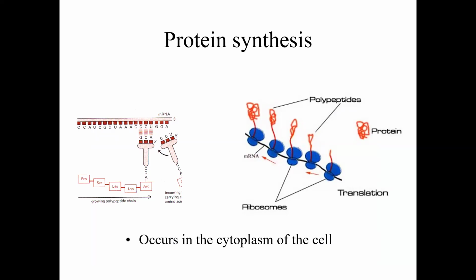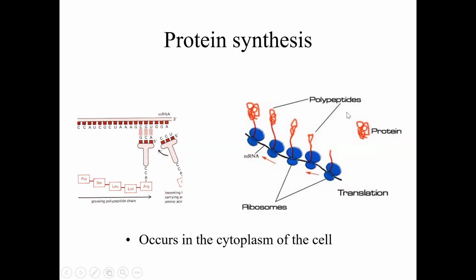So protein synthesis occurs in the cytoplasm. Where does protein synthesis occur? In the cytoplasm. So that is where translation occurs, and you have your ribosomes attached to the messenger RNA.